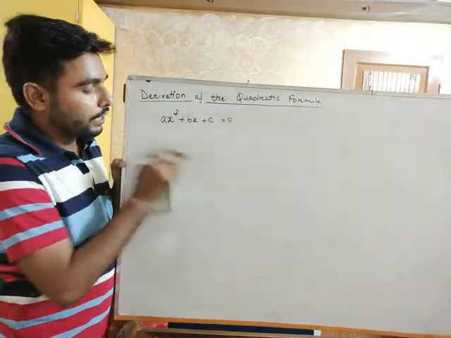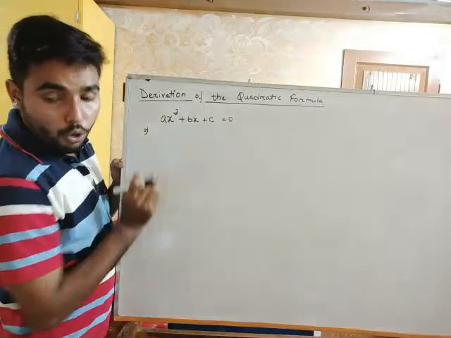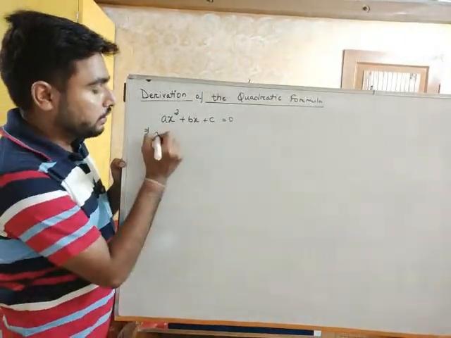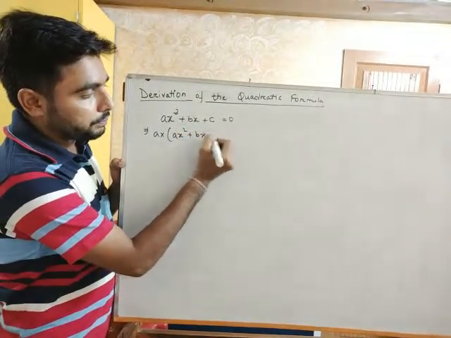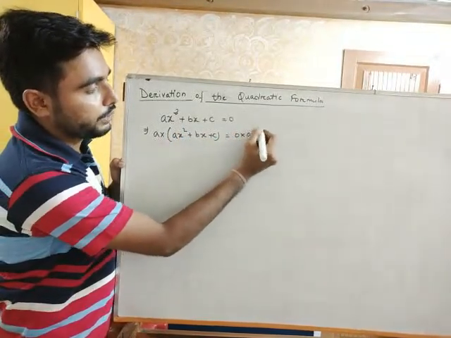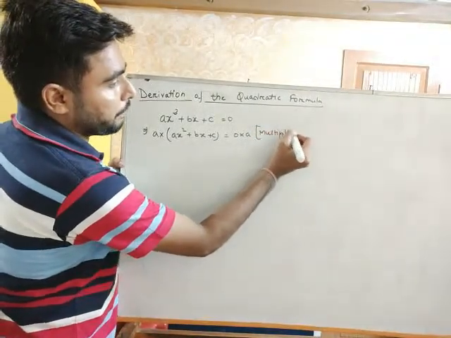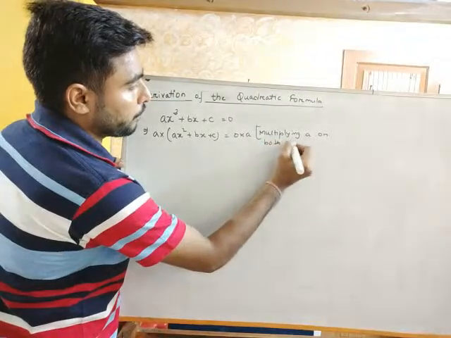So what I will do is, you can multiply by a or you can divide by a. Multiplication will be a little easier. So I multiply the whole equation by a, multiplying a on both sides.